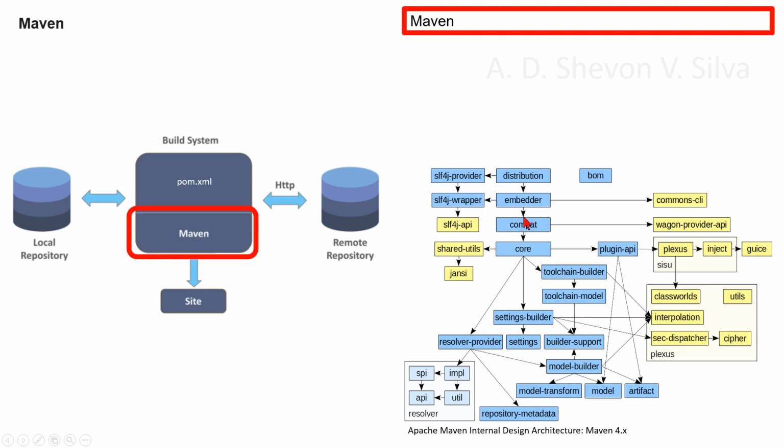SLF4J-wrapper and also connected to compat, and compat is connected to core, and core is connected to plugin API, and core is connected to toolchain builder, settings builder, and resolver provider.